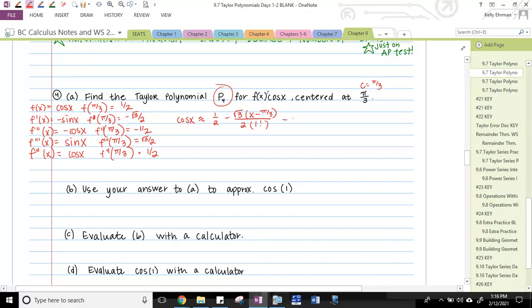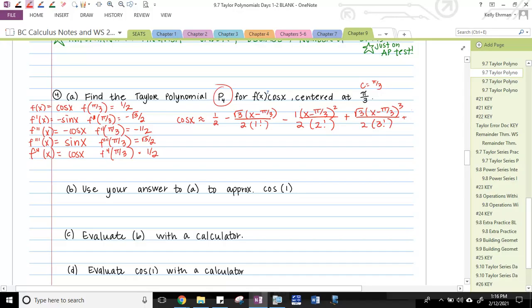Okay, second derivative. So minus 1 times x minus pi over 3 squared over 2, because 1/2, also times 2 factorial. So now it matters to have the factorial. Plus radical 3 times x minus pi over 3 cubed over 2 times 3 factorial.